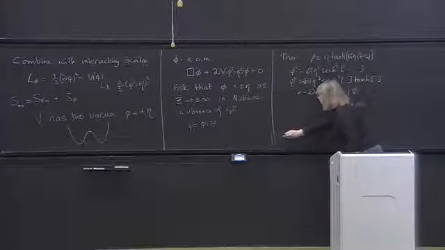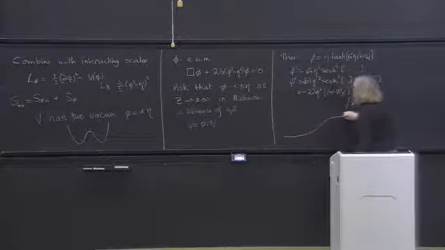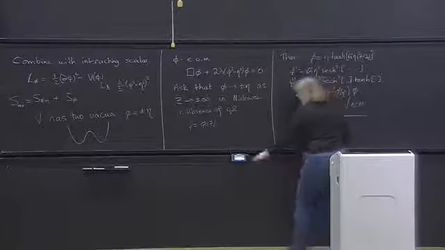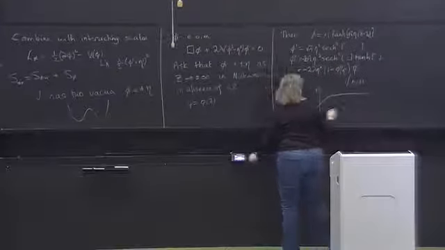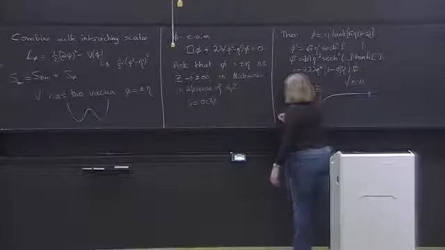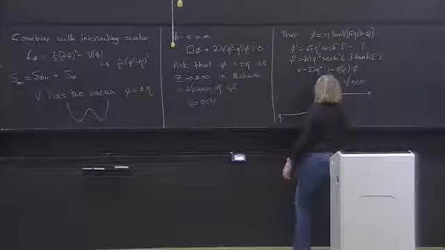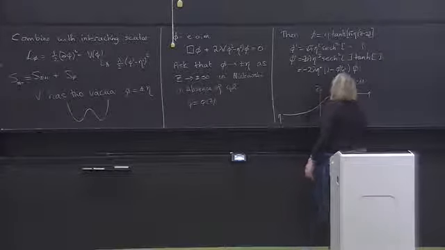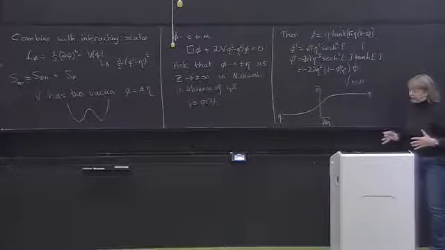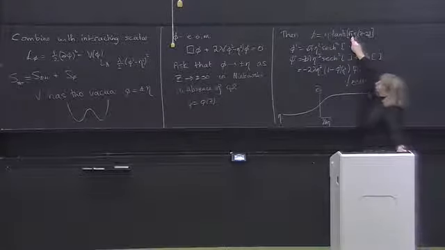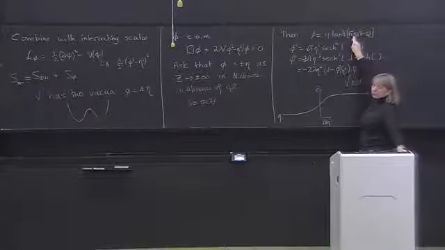So if I sketch it, here we've got eta, here we've got minus eta, this point is z naught, and then we've got a typical scale of width, which is set by the coupling constant and the vacuum expectation value of phi.